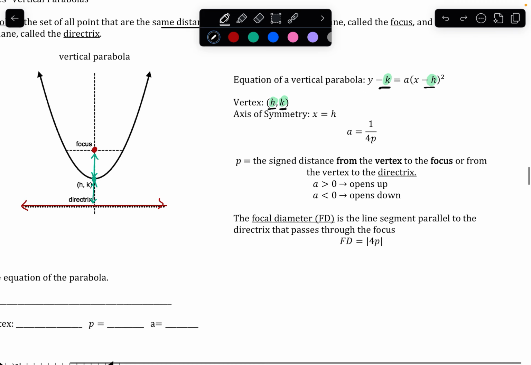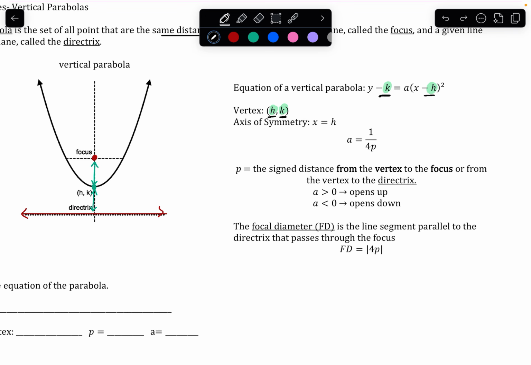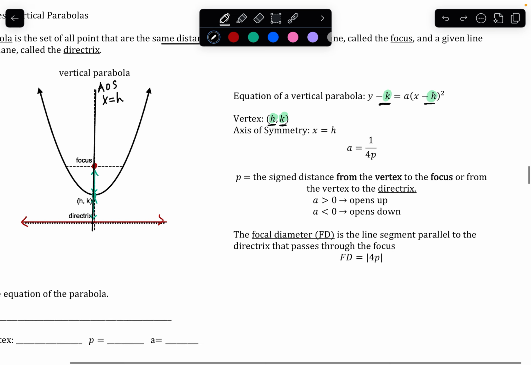Then the axis of symmetry is always going to be the line that splits your parabola in half. In this case, it's always going to be x equals, it's a vertical line, and it's going to equal the x-coordinate of your vertex. Something else that's important about this formula is the a value.